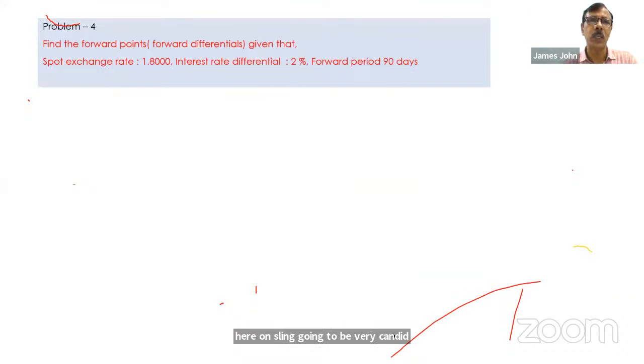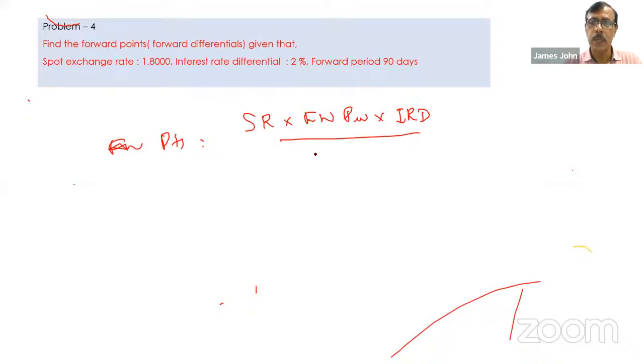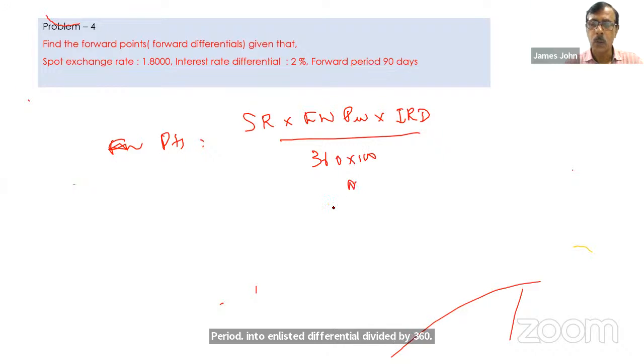Now there can be another question. What are the forward points or forward differential? If the spot rate, interest rate differential, and forward period are given, there is a very simple formula. The forward points equal spot rate into forward period into interest rate differential, divided by 360 into 100, or 12 into 100.